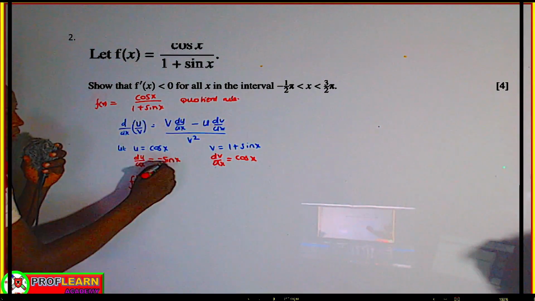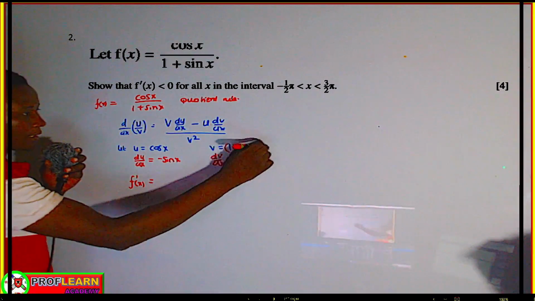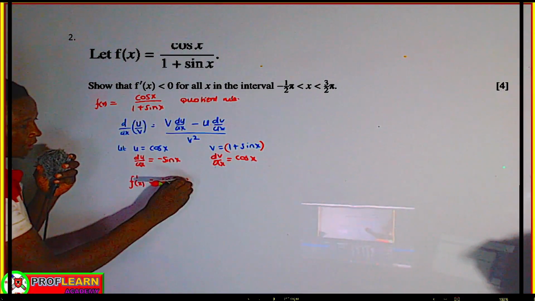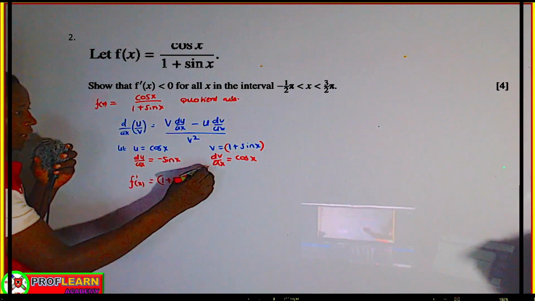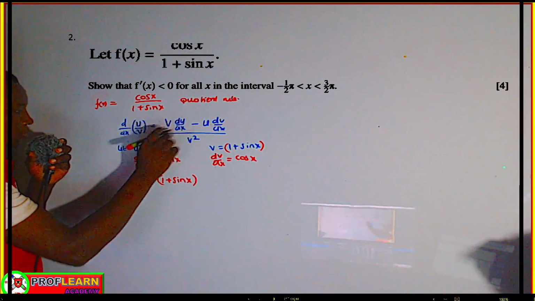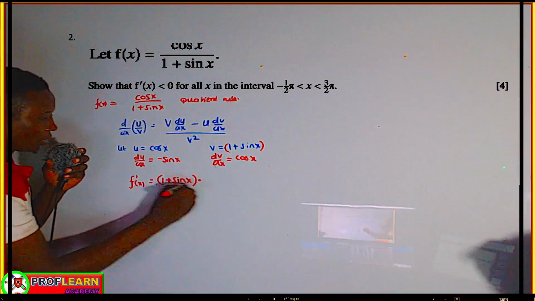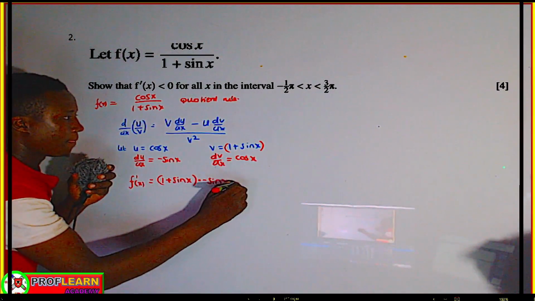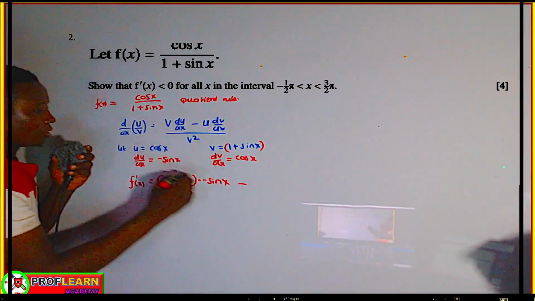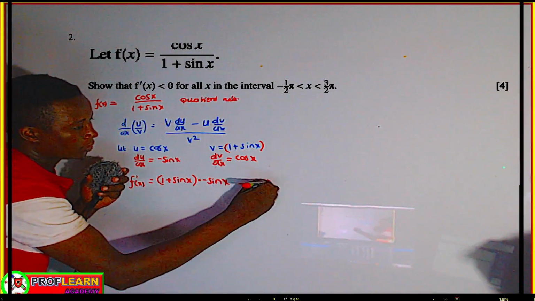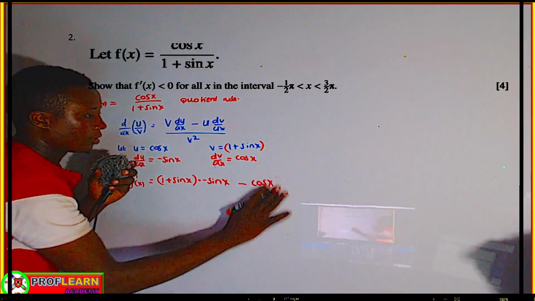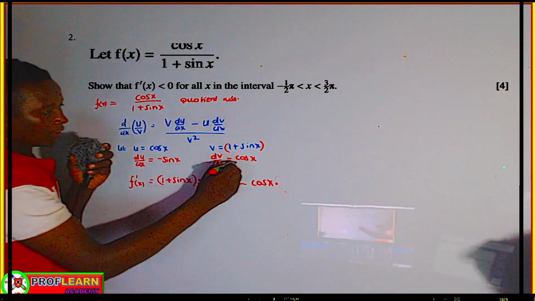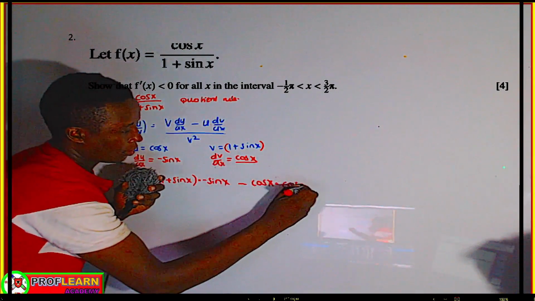Then we can say our f prime, the derivative of this function, is going to be v, which is 1 plus sin x in brackets, multiplied by du/dx, which is negative sin x, minus our function u, which is cos x, multiplied by dv/dx, which is cos x.